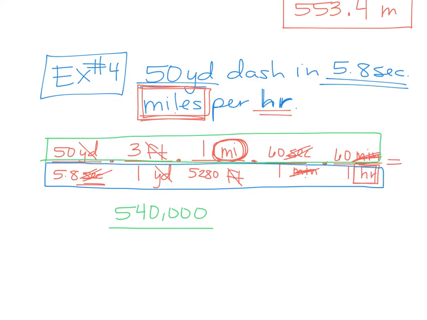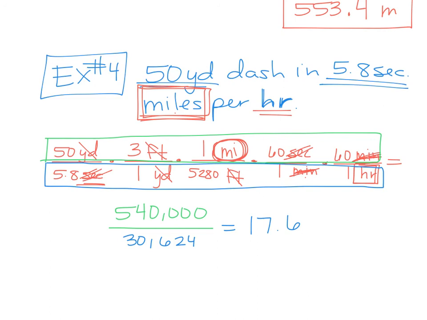So 5.8 times 1 times 5,280 times 1 gets you this number, 30,624. What do I do with that? Divide. So you're going to go 540,000 divided by 30,624, and you get this number.